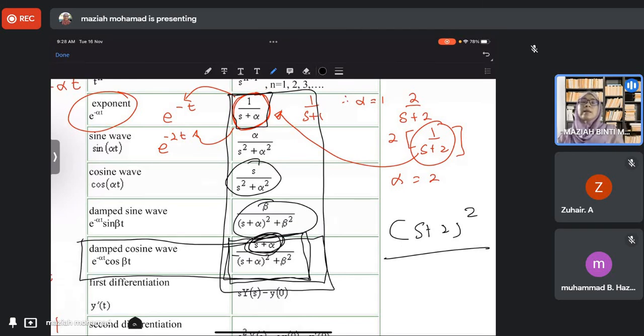Then step number 5 for the partial fraction, that is purely mathematics. You need to know how to convert the function into partial fractions. Since we already have the table, just refer to the table. And for the inverse Laplace, this is something you need to manipulate a little bit in order to use the standard table here.